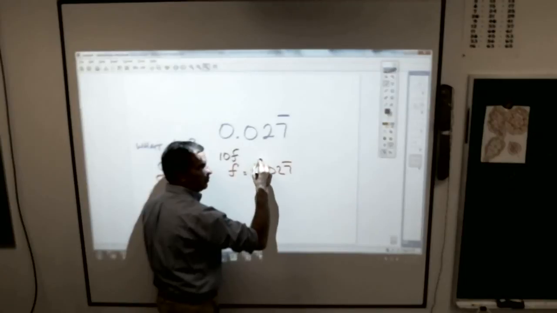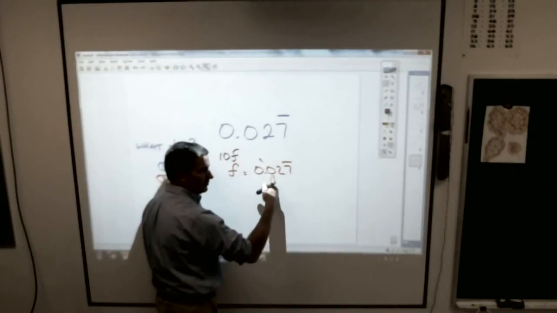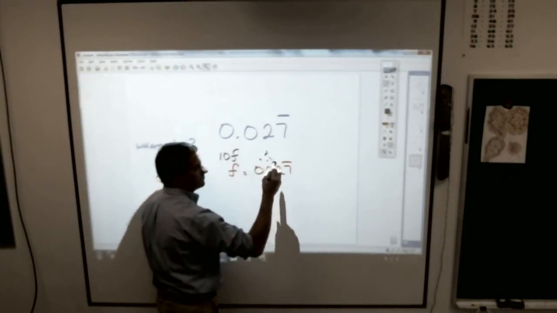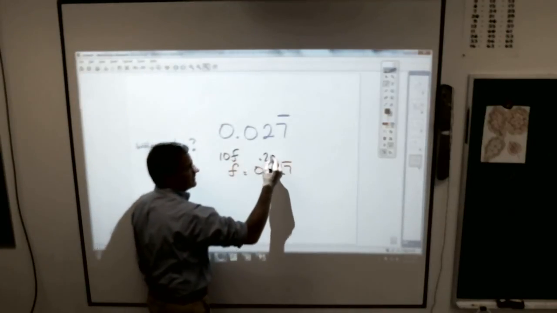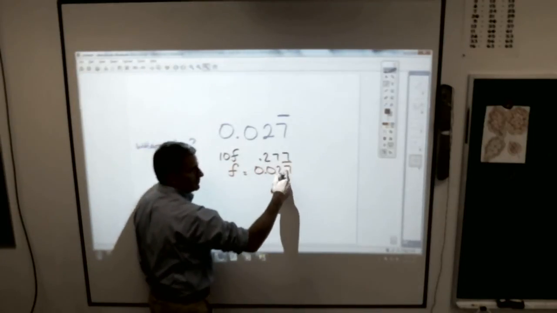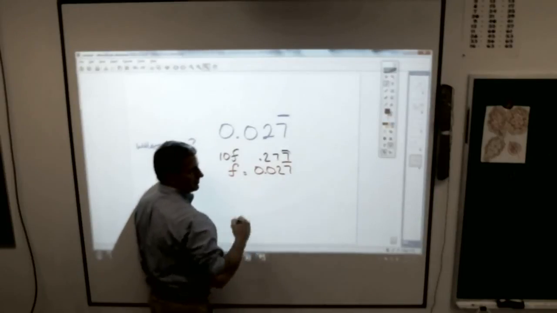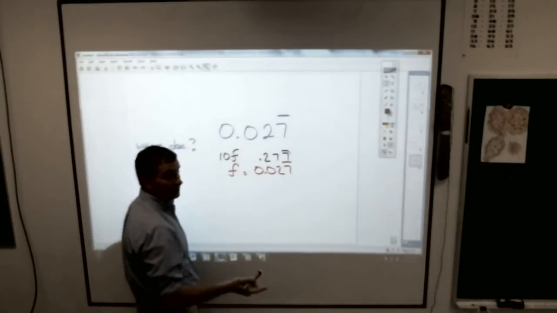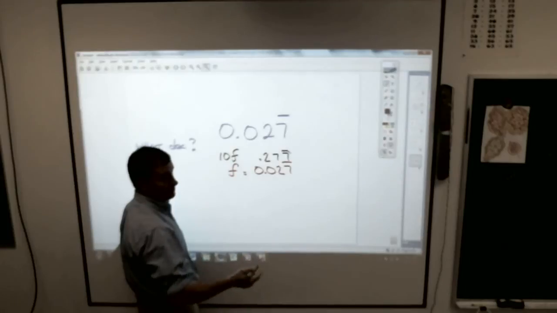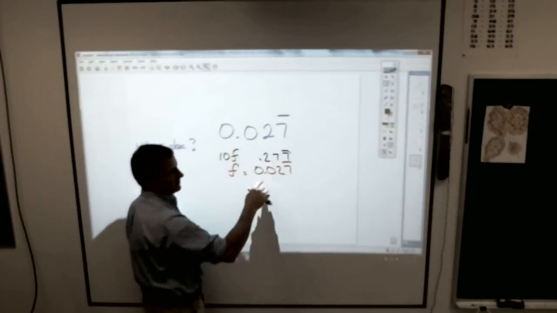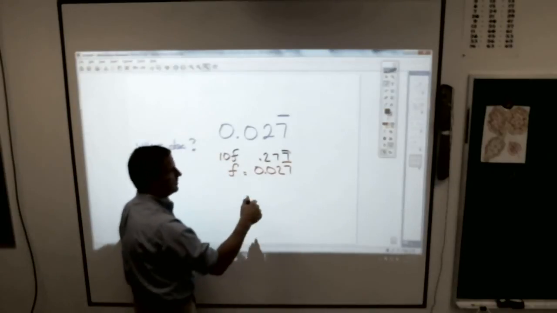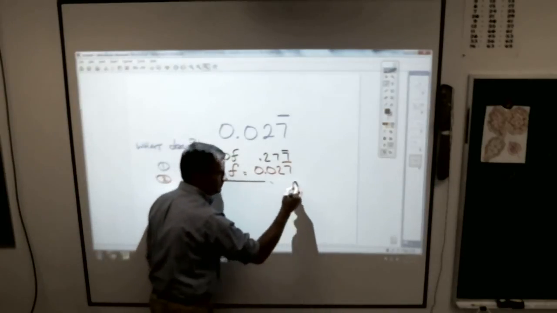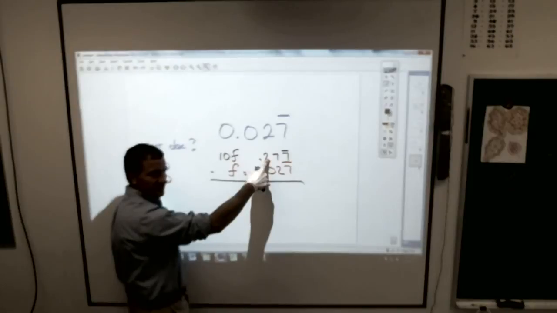The points have to line up, and you have to keep going till you get the repeaters above each other. So you should get 0.27 repeater, 0.277 repeater. You could keep going as many as you needed, but you want to stop right above that.